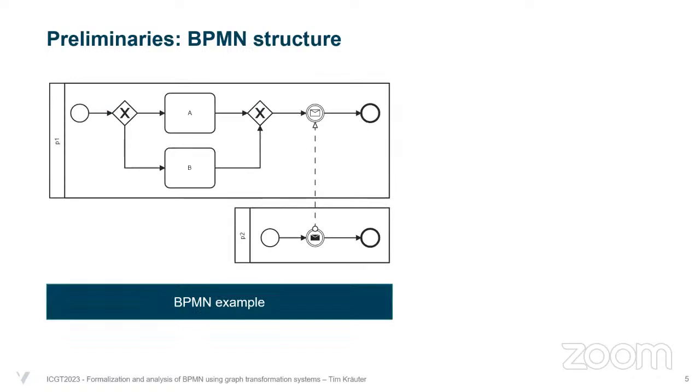This is another example of BPMN. In general you have these so-called swim lanes, bigger boxes which contain elements modeling a process, and you can have multiple of those in one BPMN model. These processes can communicate, for example, via messaging. As you can see here, process P2 is sending a message to the one above.